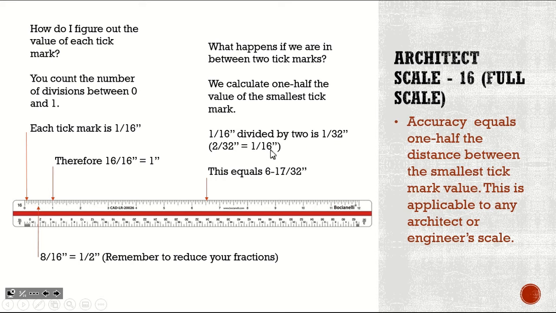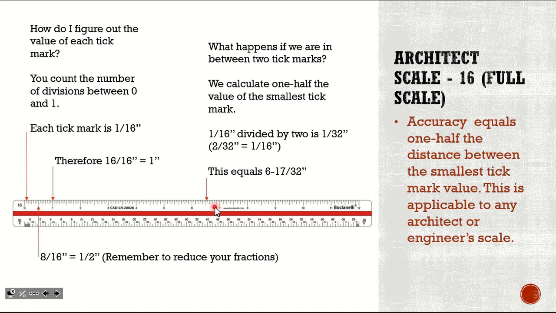2/32 is 1/16. Okay? So I know each of these tick marks is 1/16, so 1/2 of a 16th is a 32nd. If my line falls in between 2 tick marks, because I know each one is 1/16, I know it has to be 32nds.